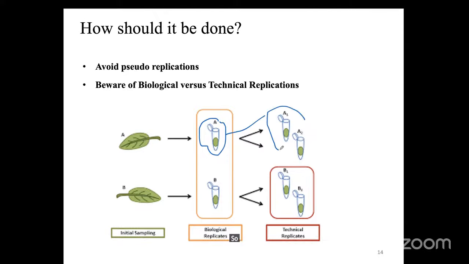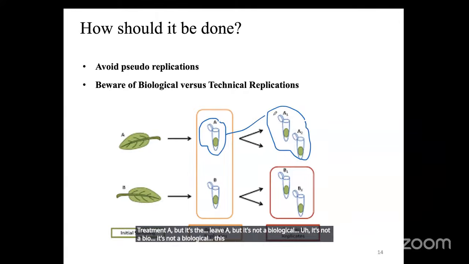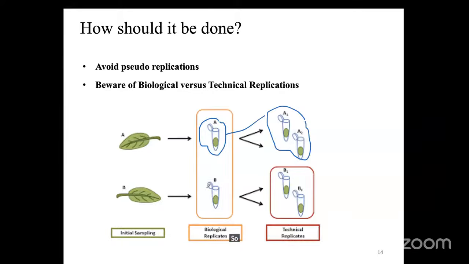This would be kind of repeating treatment A, but it's leaf A, so it's not a biological replication. This is a technical replication because it comes from one biological sample. So A and B are two separate biological replications. That is what we have there.